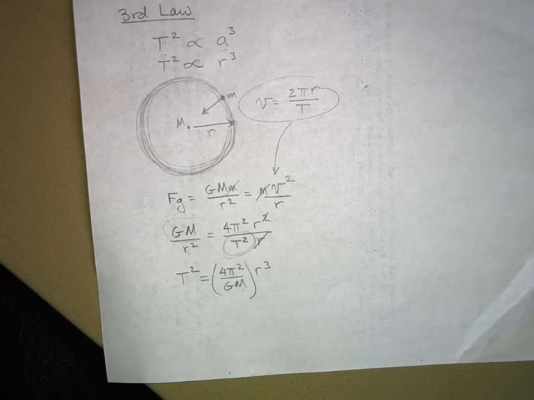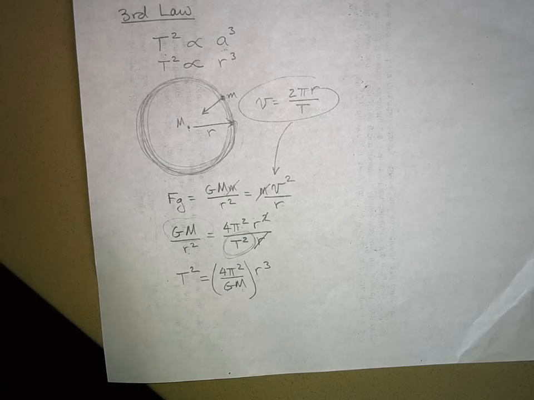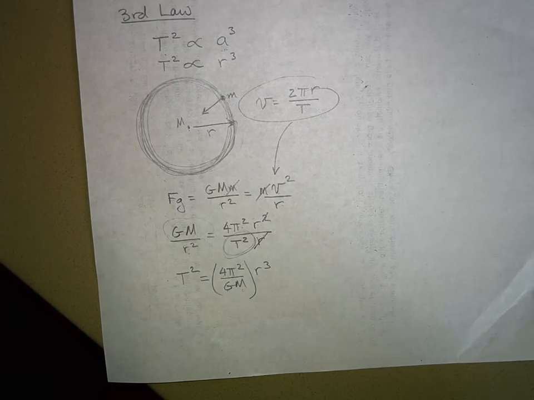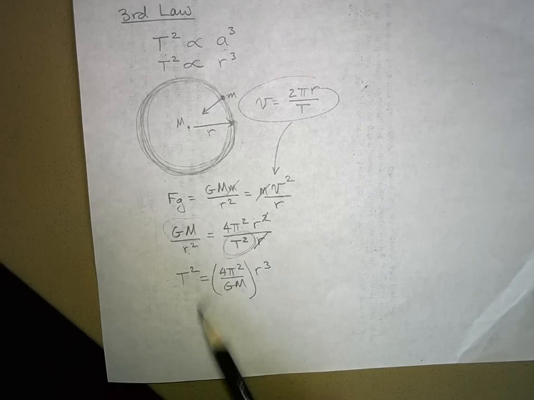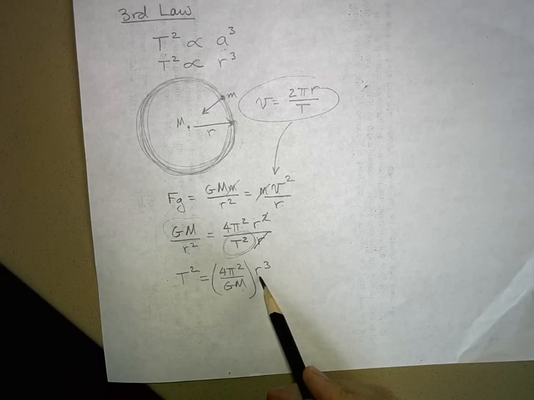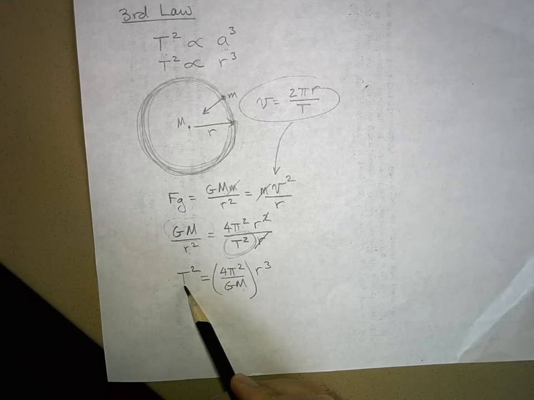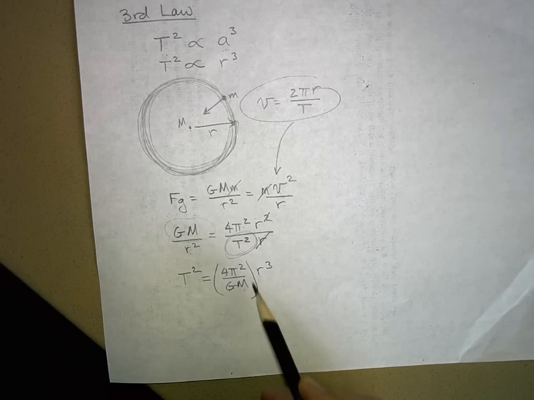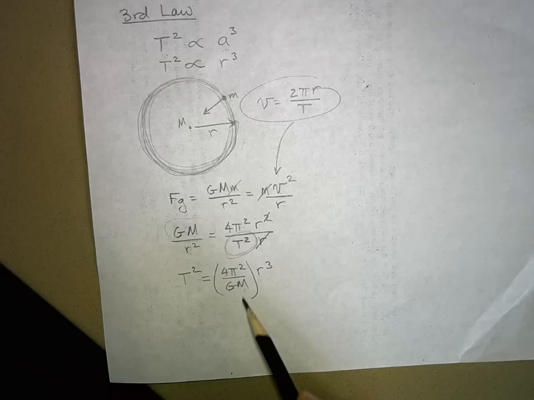One thing that's really cool about this equation is that if you are observing a large object out in space, and you can observe something in orbit around it, if you can measure the orbit radius and the period, you can solve for the mass of the object. Isn't that cool? This is how we measure the mass of black holes.